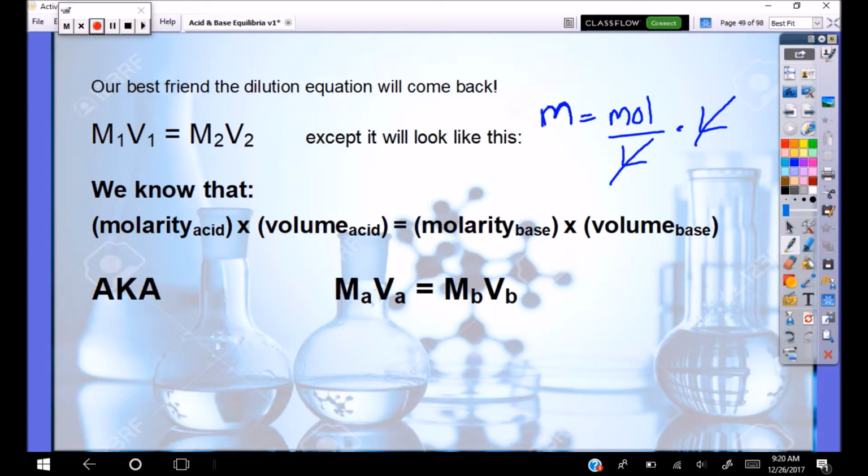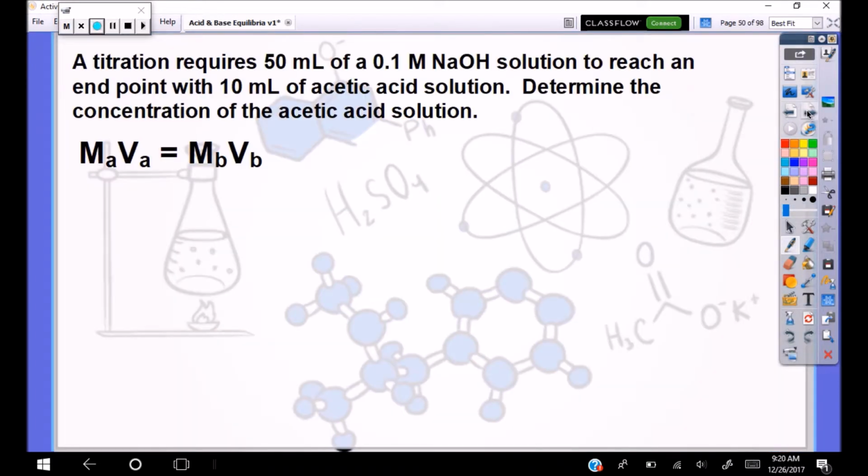So by multiplying each of our volumes times our molarities, we end up figuring out that our moles of acid are equal to our moles of base. Okay, so essentially this is an applied version of the dilution equation: MAVA equals MBVB.